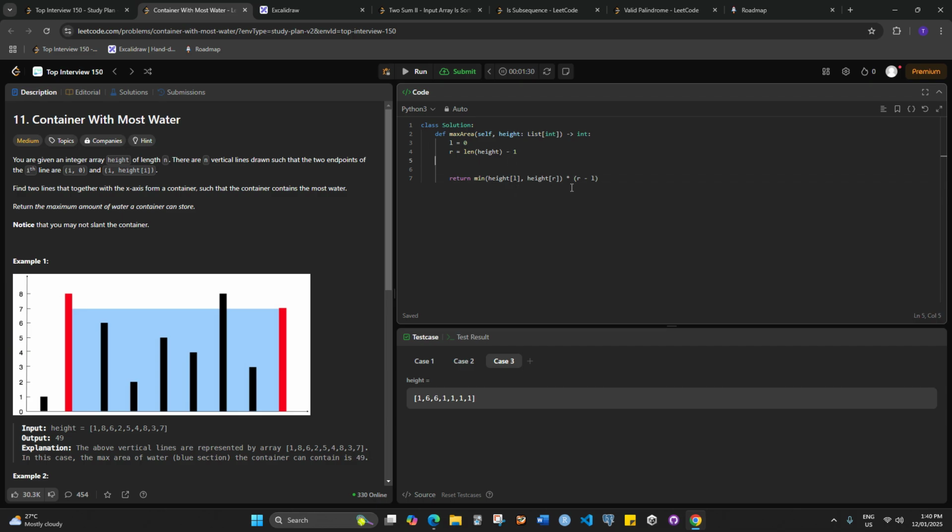Or maybe what I can do is figure out how much water I can store behind me, and what is the maximum amount of water I can store in front of me.